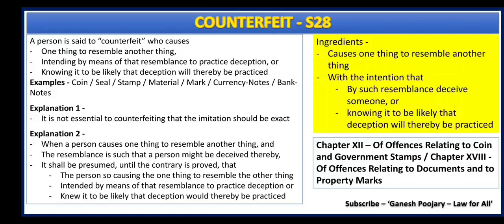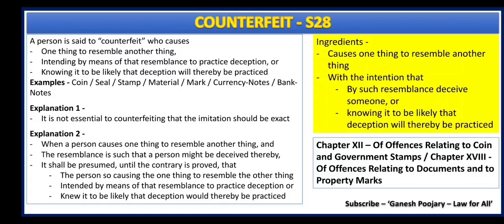And the second explanation is very important. Until and unless it is proved otherwise by the person who has created such resemblance, the court shall presume that he has created that to deceive someone. That is very important, and it is also a presumption that he was well aware that it can be used by someone to deceive another.